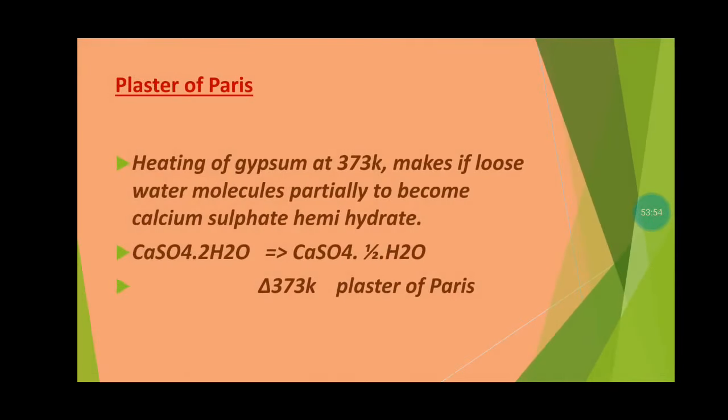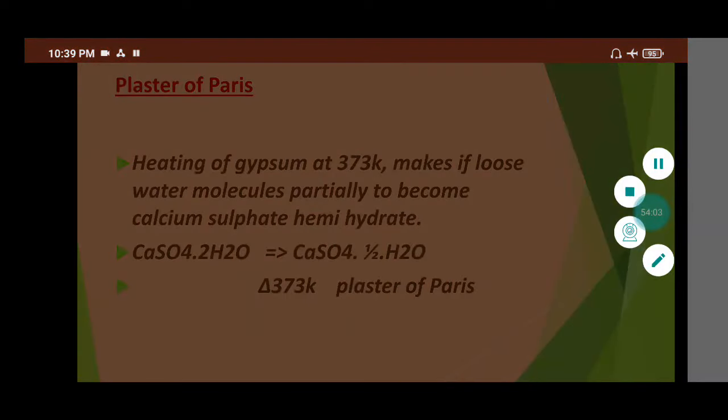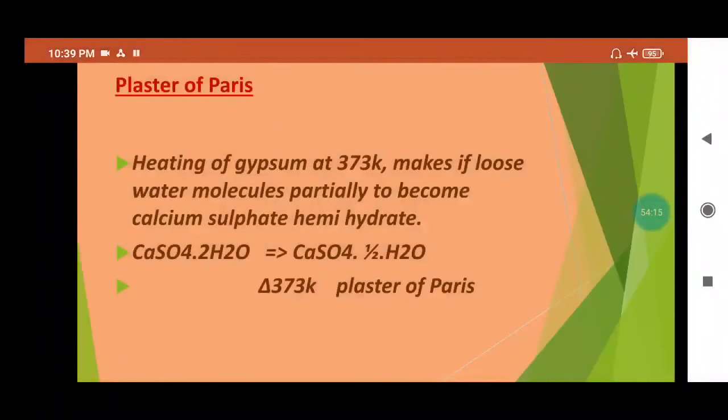Heating of gypsum at 373 Kelvin makes it lose water molecules partially to become calcium sulfate hemihydrate. How do we prepare plaster of Paris in our lab? By taking a reagent called gypsum.